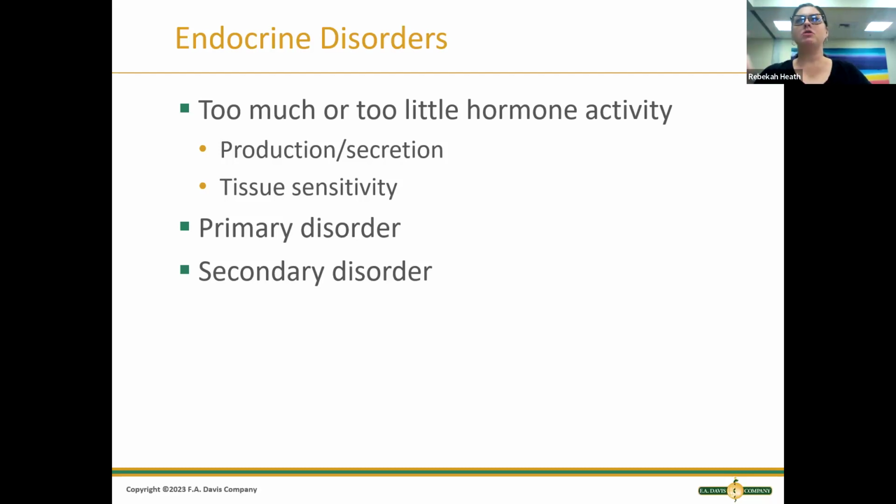And when we're producing too much or too little, I just want to remind you that for the most part, our endocrine system is run on a negative feedback loop. It's what I talked about last lecture with insulin.